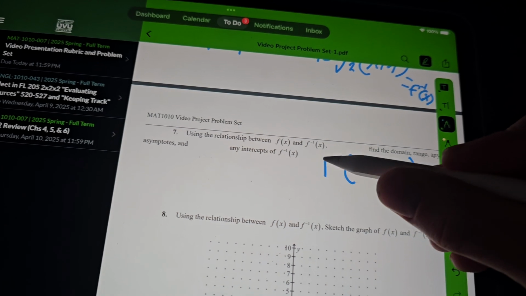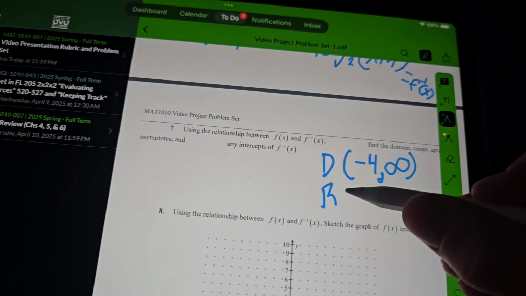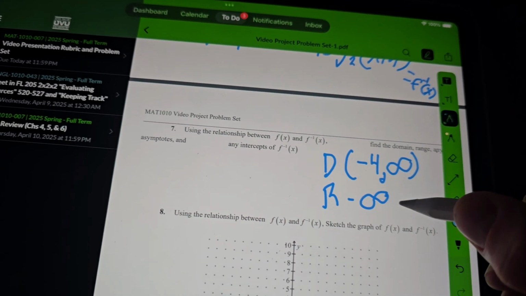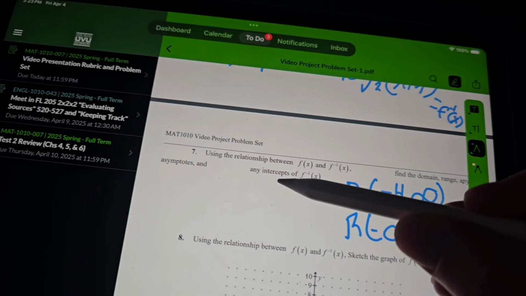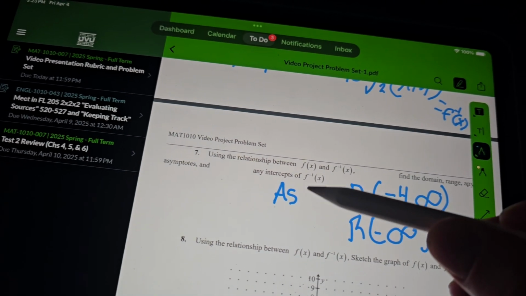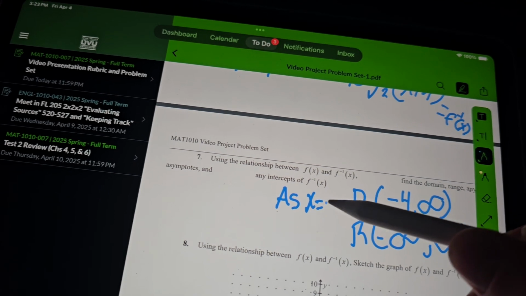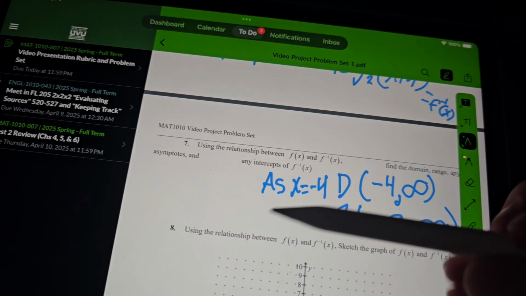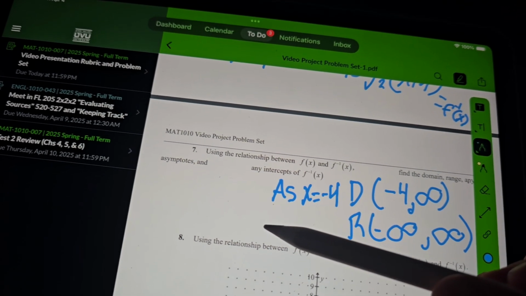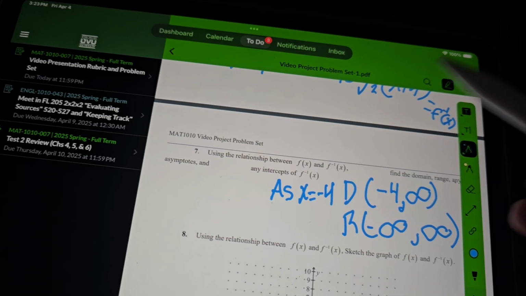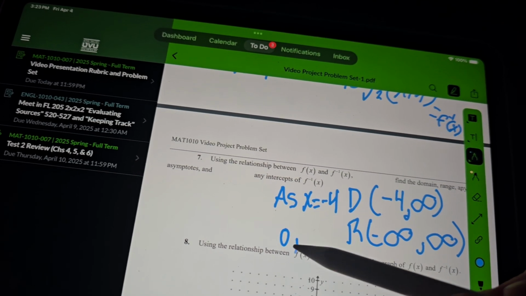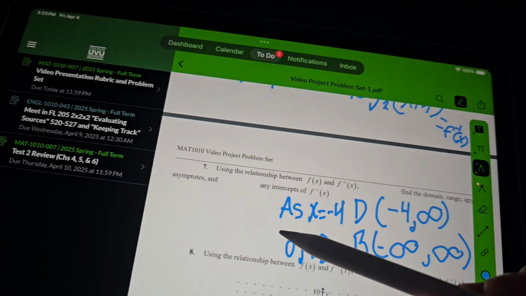And the range will now be negative infinity, infinity. And then we've got that asymptote, which is now x equals negative 4 instead of y. And then your y-intercept is going to be 0 comma 2, because that is also the opposite.